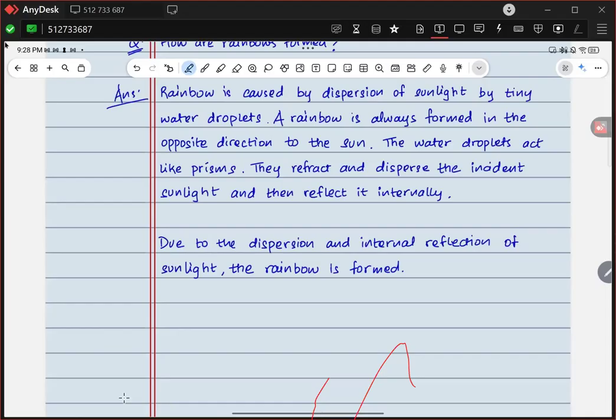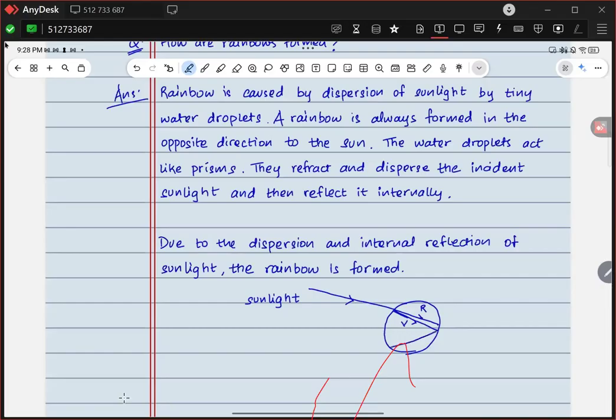Okay, what happens? Let's say this is the rain. Sunlight comes like this. Okay, let's say this is your sunlight. It comes like this, then it gets refracted. Let's say this is your red, this is your violet, and then here an internal reflection occurs.